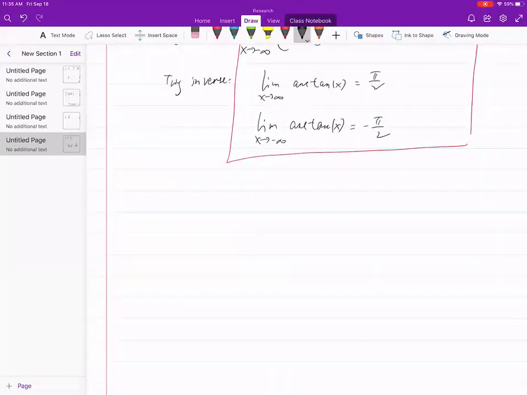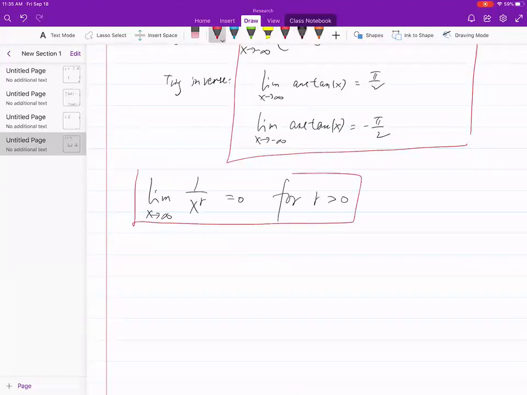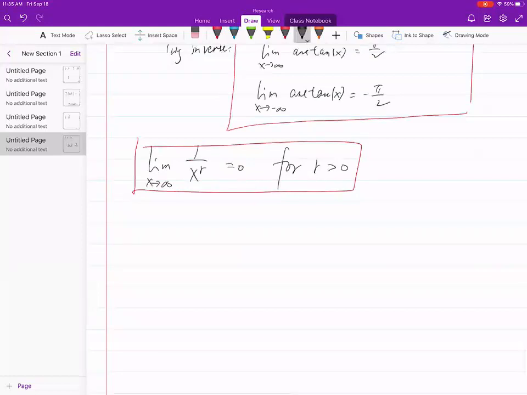Now I just want to add one more, which is also straightforward. I don't want to bother to draw the graph, but just give you some examples.